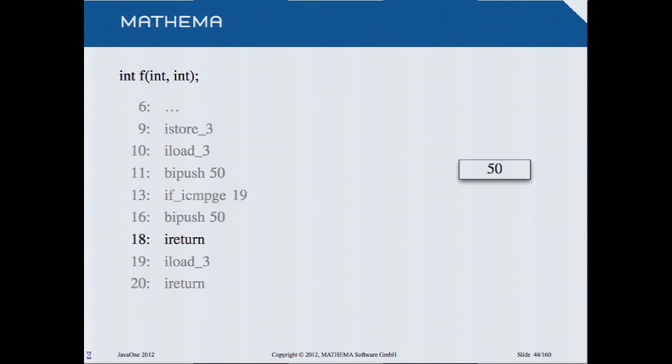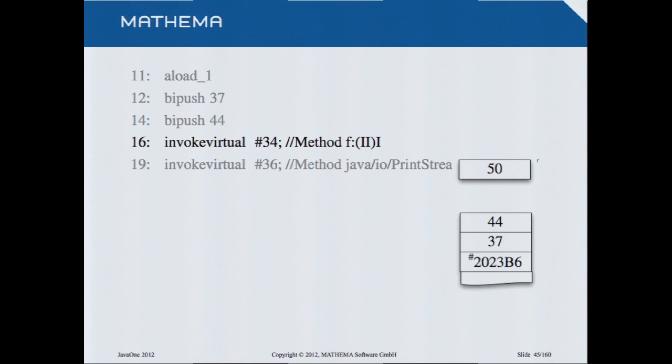We push 50 again, and we return 50. So now the 50 is somewhere on the stack, but the stack frame is not needed anymore. And so we return where we came from, and we remove those elements and put the 50 on the stack. So that's how the Java virtual machine works.